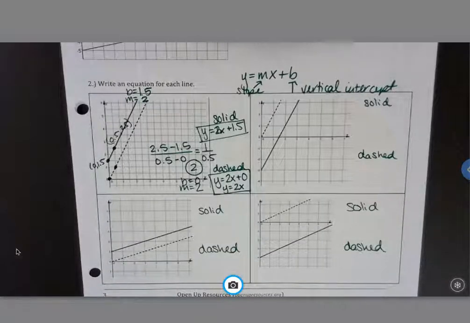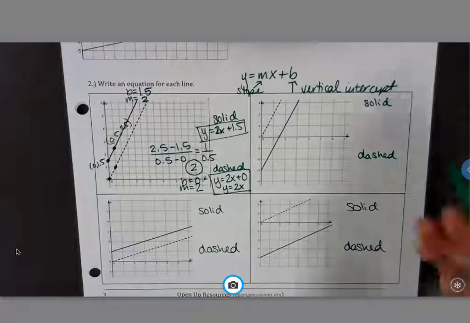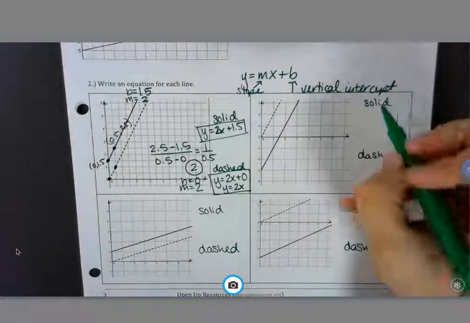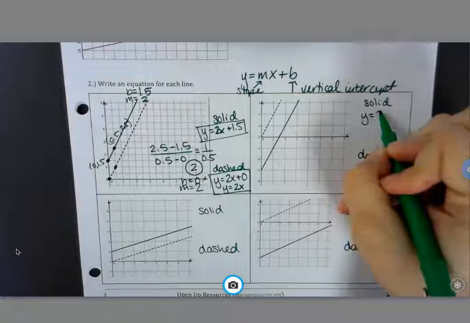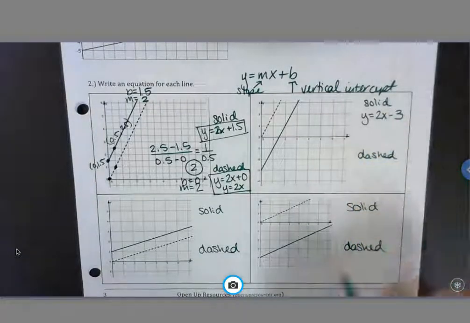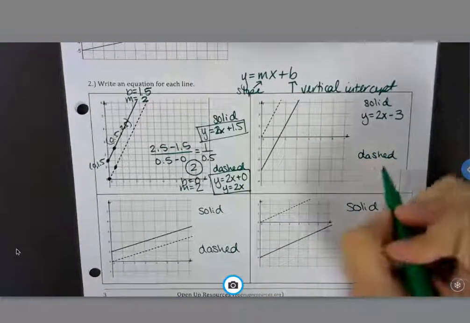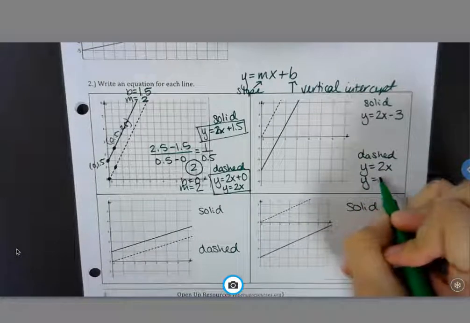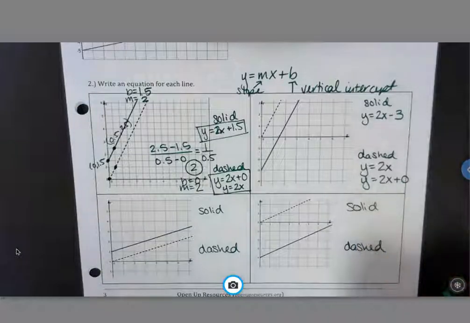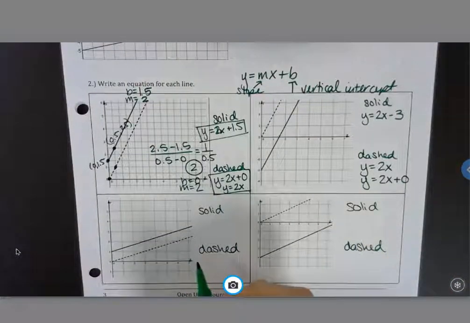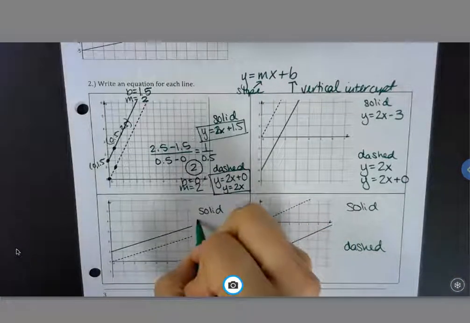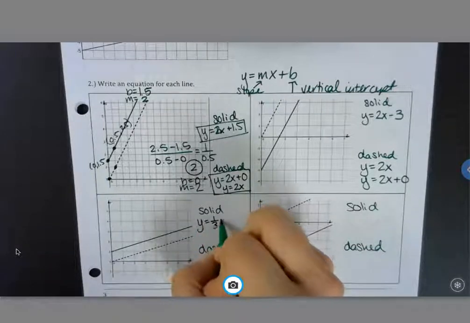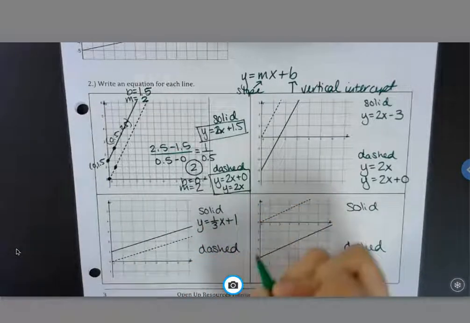All right, so for the solid line on this second one, we should have got y equals 2x minus 3. For the dash, we should have got y equals 2x or y equals 2x plus 0. For this third one, for the solid line, we should have got y equals 1/3 x plus 1.